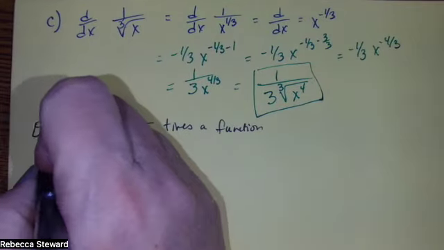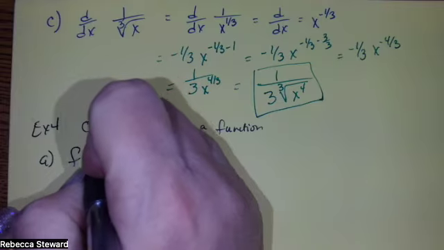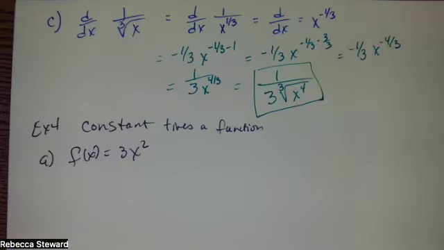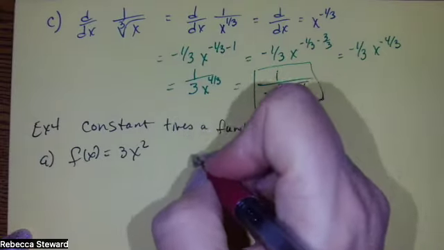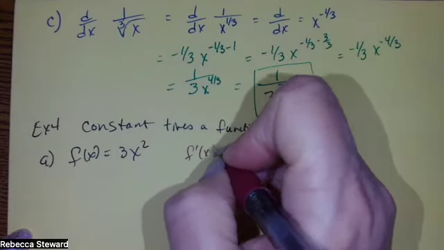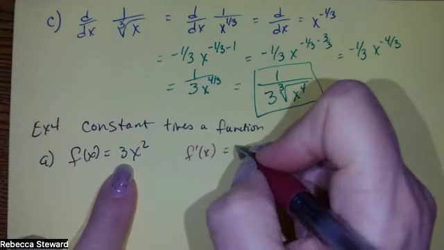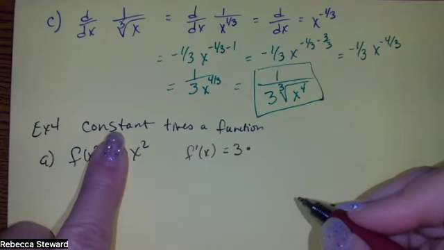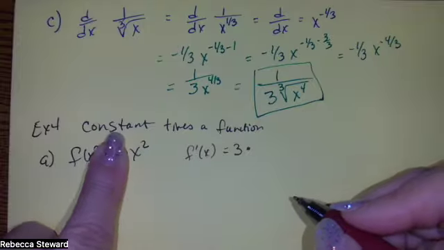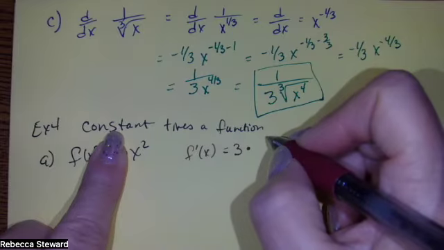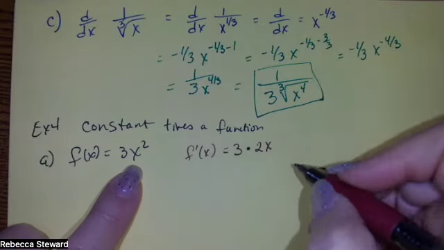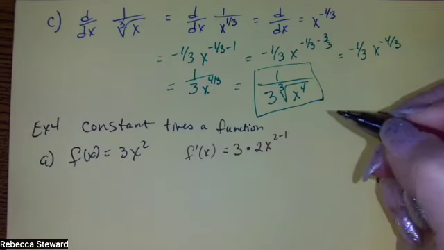All right, so we have f of x equals 3x squared. So if we're looking at our derivative, we will have f prime of x equals 3 times, now we got to take the derivative of our x squared, which would be 2x, and that is to the 2 minus 1.